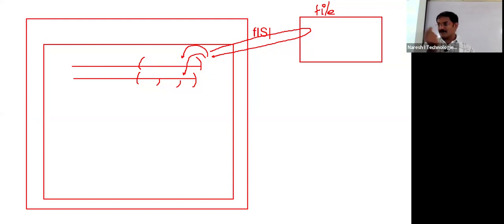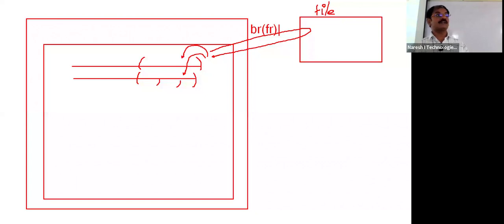You want to read a complete line, not one character. Then is FileInputStream sufficient? No. I read one line at a time. Then what is required? BufferedReader of FileReader. BufferedReader of FileReader I have to use.